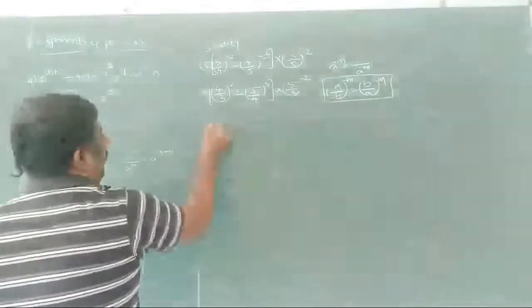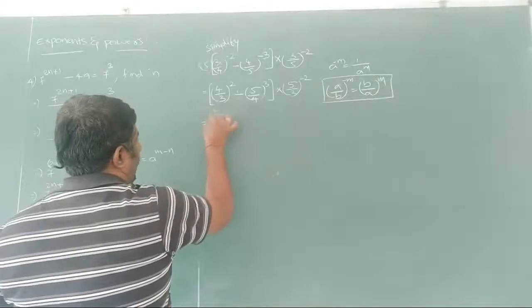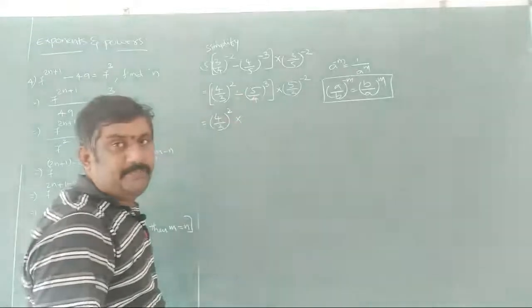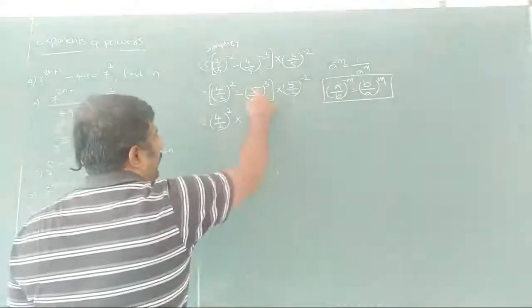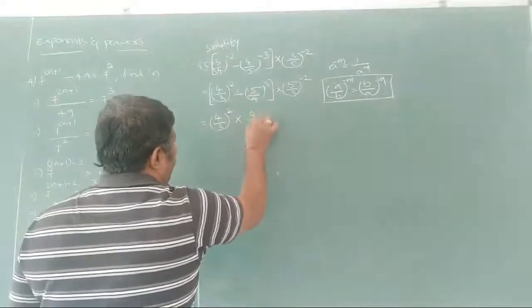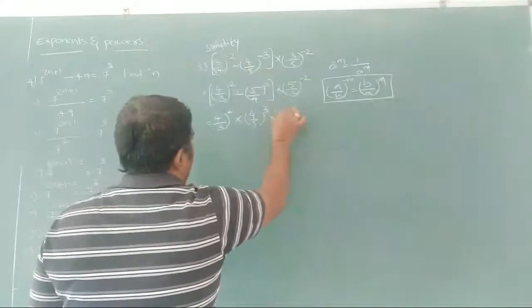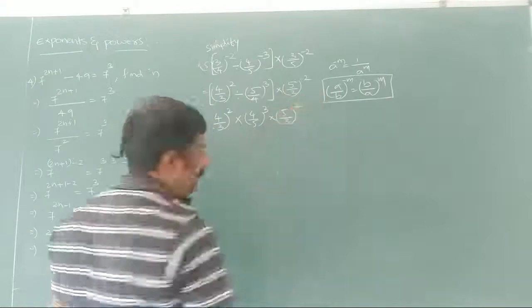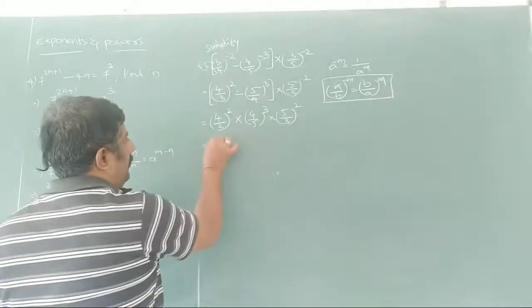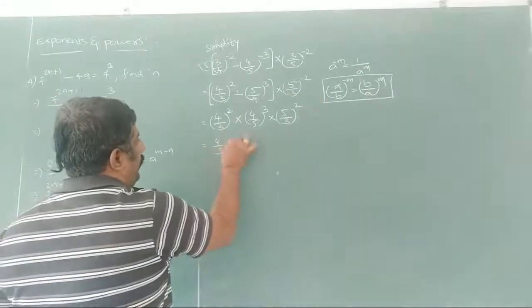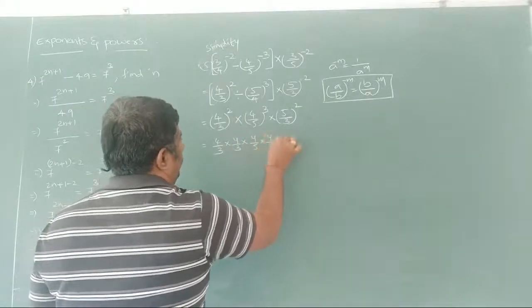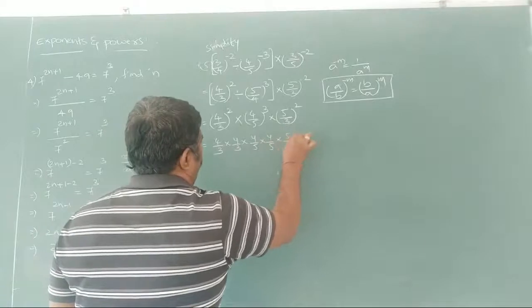Now 4 by 3 whole to the power of 2, this division is becoming multiplication here, and automatically again we get the reciprocal: 4 by 5 to the power of 3 into, this is plus, 5 by 3 to the power of 2. Now we expand here: 4 by 3 into 4 by 3, 4 by 5 into 4 by 5 into 4 by 5, 5 by 3 into 5 by 3.